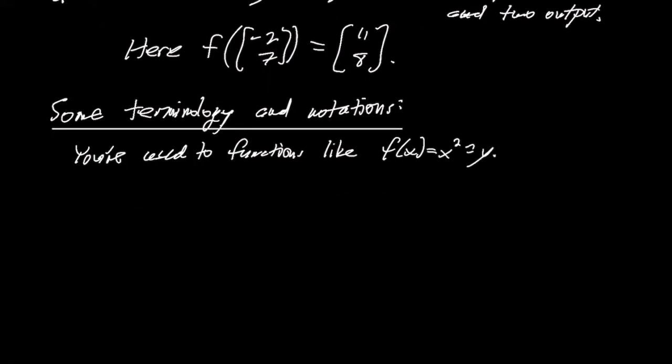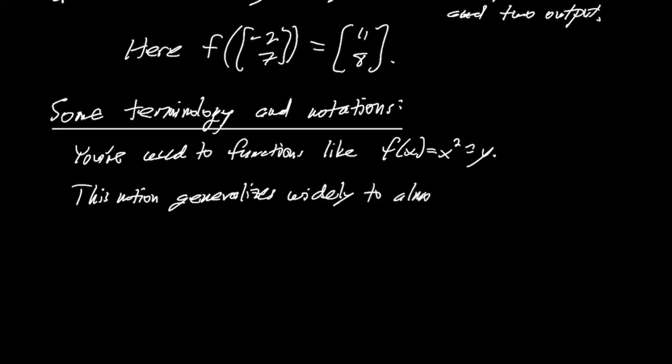But this notion of inputs and outputs generalizes widely. That's the first point I want to make. It generalizes to almost any sort of relationship or rule, like the idea of a function.